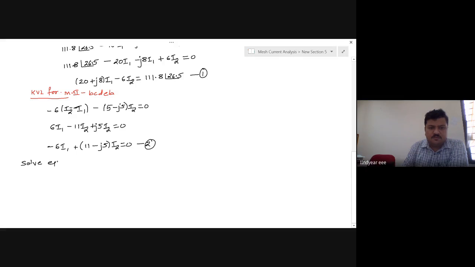Solve equation 1 and equation 2. First write the equations as they are. (20 plus J8) I1 minus 6I2 equals 111.8 at an angle 26.5.